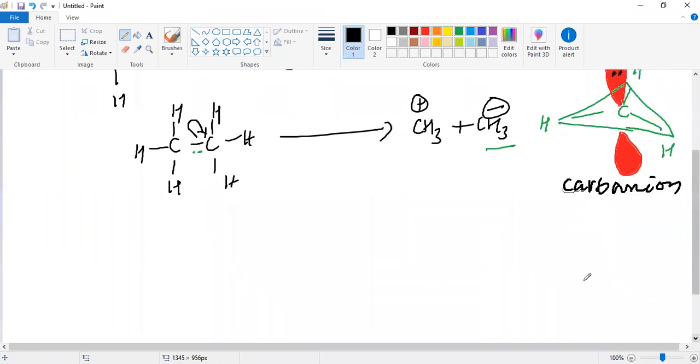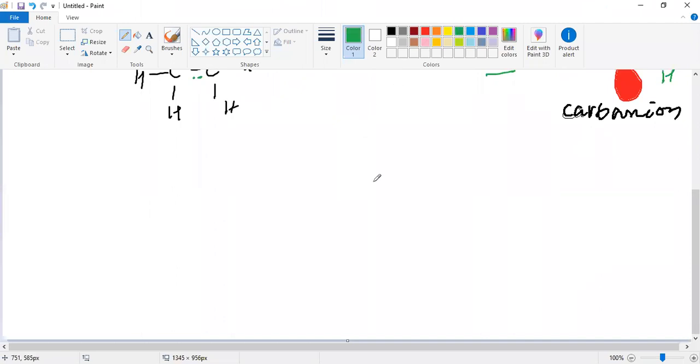In the same way, if you look into the carbocation, my dear students, the scene is a little different.